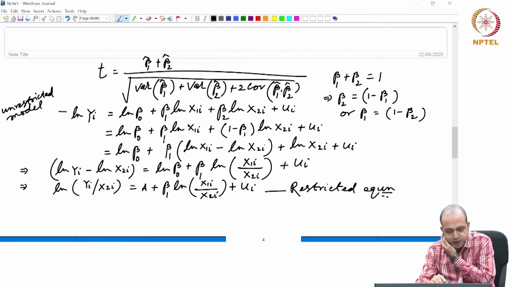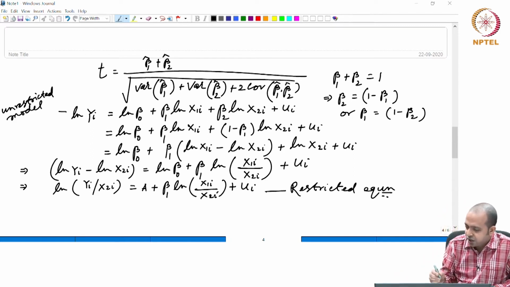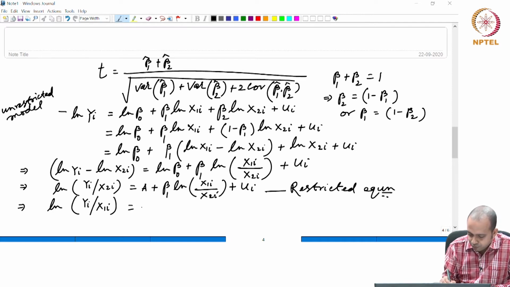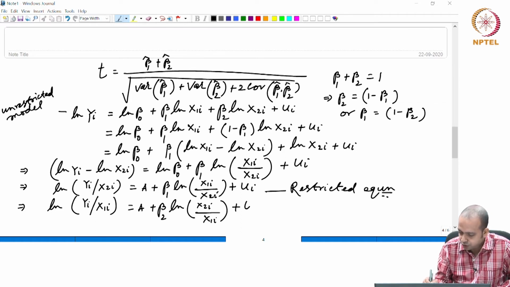Similarly, you can replace the value of beta 1 with 1 minus beta 2, and in that case you will get another version of the restricted equation, which would become log of yi divided by x1i equals a plus beta 2 log of x2i divided by x1i plus ui.